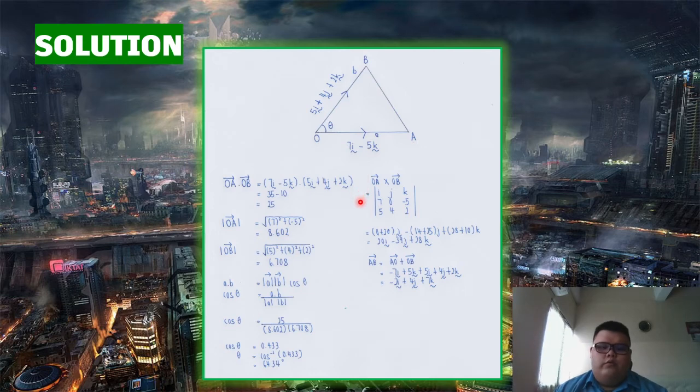We use this formula to get the answer, and we get OA cross OB equal to 20i minus 39j plus 28k. And the vector AB is equal to negative 2i plus 4j plus 7k.